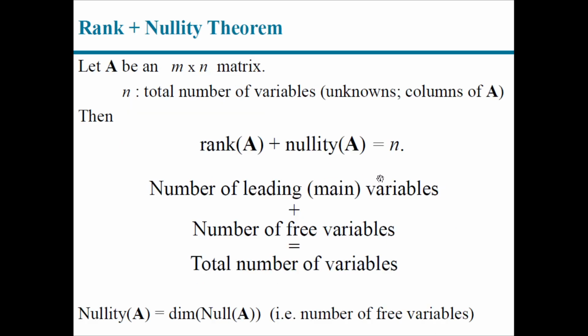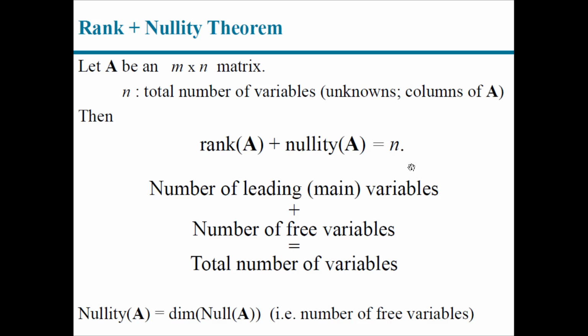The theorem that links the total number of variables with rank of A and nullity A. If we check what it is actually, so this is a rectangular matrix, so we have n variables, so total number of variables is n.